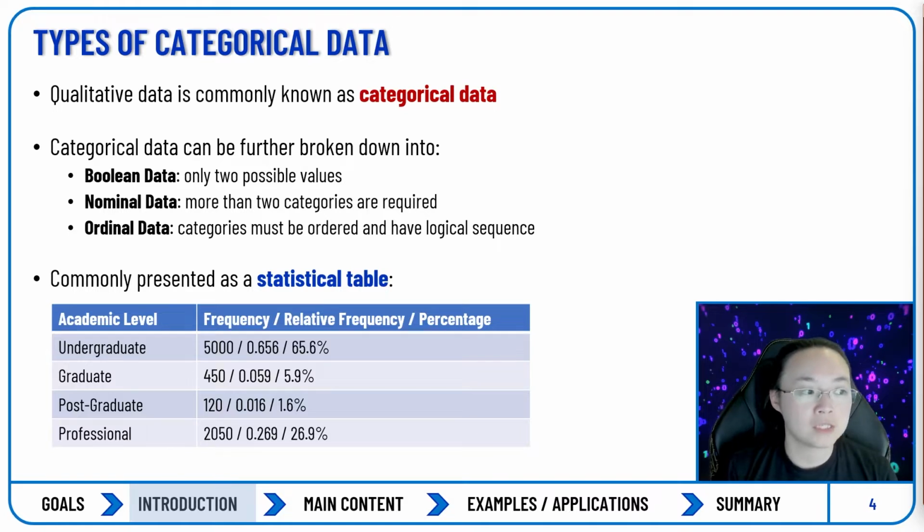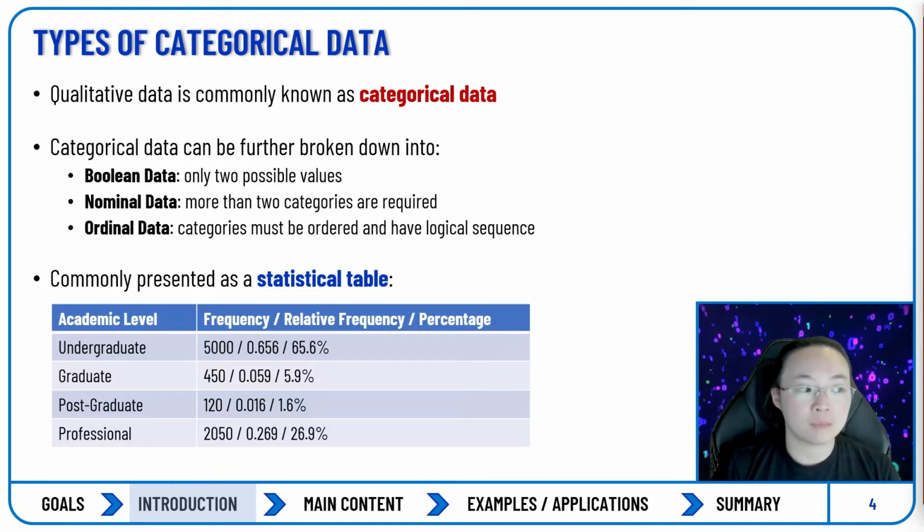Then you have ordinal data. So ordinal and nominal data both can be used interchangeably depending on whether you have order to your data or order to your categories. So for nominal data, if you have more than two categories, for example, you can take a look at the table below. If you have more than two categories and you can order them in some sort of logical sequence, then you can consider it ordinal data as well.